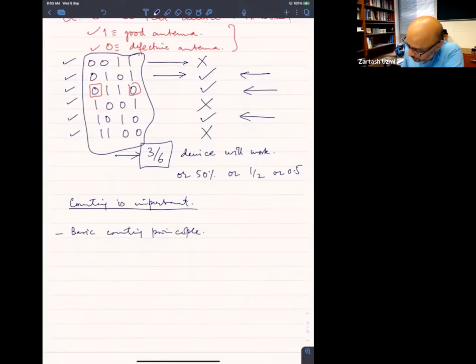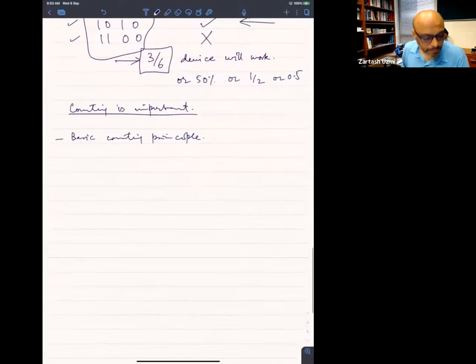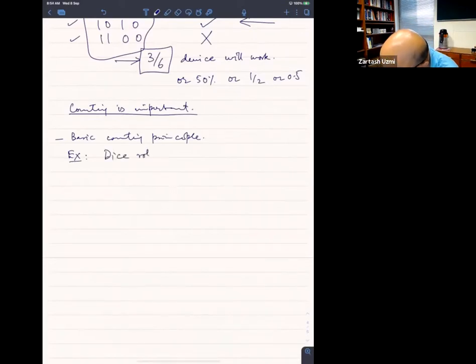What is an example? The example is very simple. Let's roll a dice. How many outcomes are there? How many faces can you see on top? There are 6 possible outcomes: you will see either 1, or 2, or 3, or 4, or 5, or 6. So this is the set of all possible outcomes that you can see on top when you roll a dice.